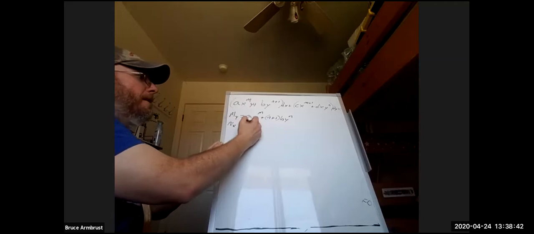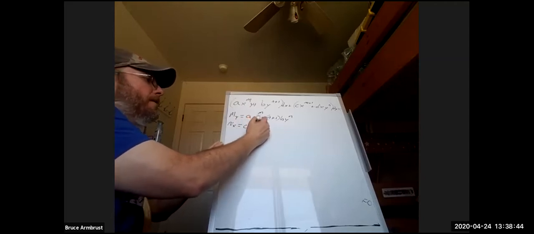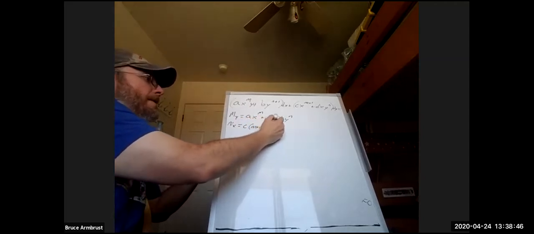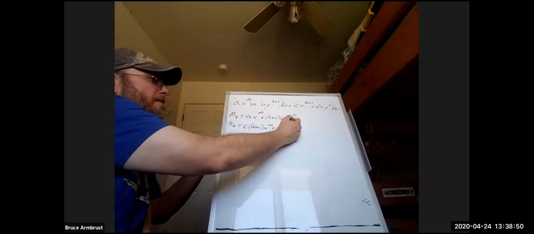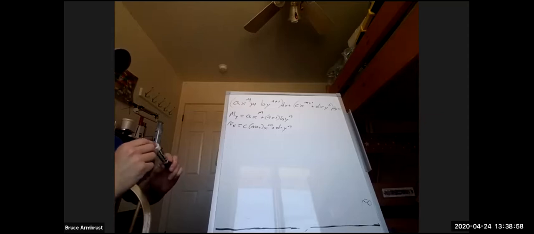Its derivative with respect to x is c times m plus 1 times x to the m plus d times y to the n. I really don't like the fact that they used a d here, because that's making me think it's a differential, but it is what it is.